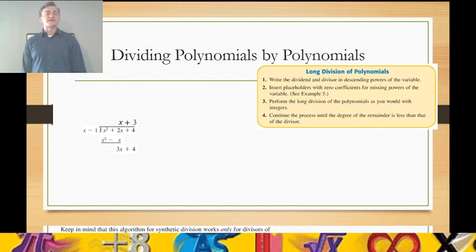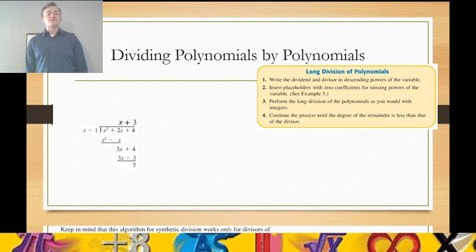Positive 3 times x is positive 3x. Positive 3 times negative 1 is negative 3. Subtracting the 3x plus 4 and the 3x minus 3, we see that 3x minus 3x will cancel. A positive 4 subtract a negative 3 is the same thing as positive 4 plus 3, which is 7.